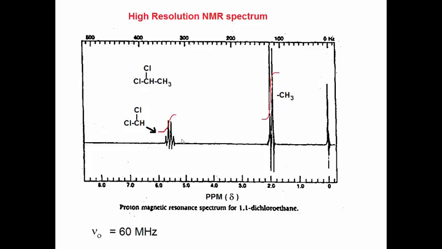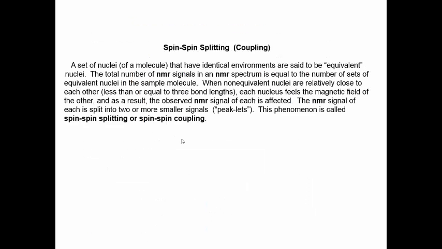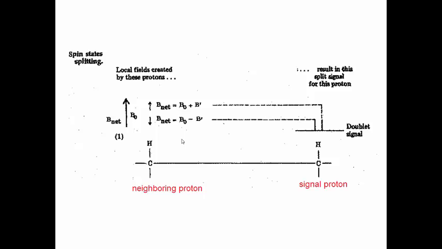The next slide, we'll use this diagram to try to understand what's going on. In this particular case, we have one carbon bearing a hydrogen attached to an adjacent carbon bearing a second hydrogen.